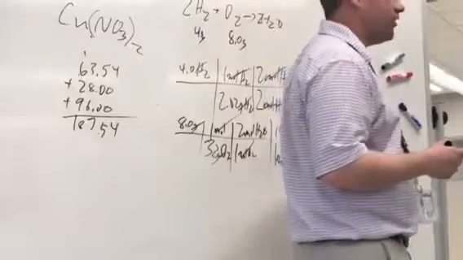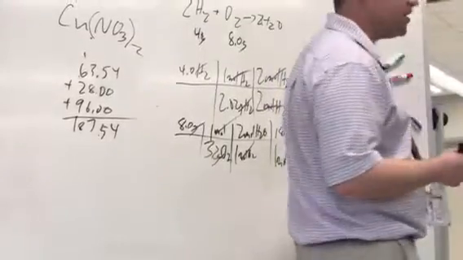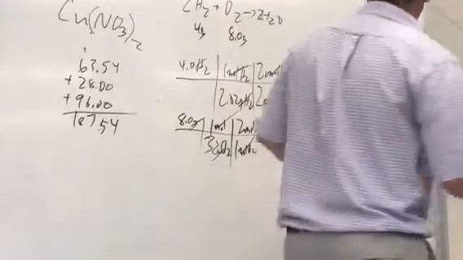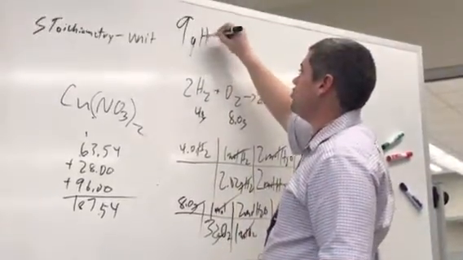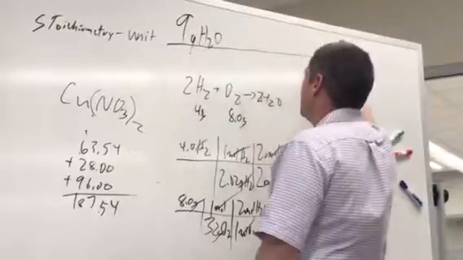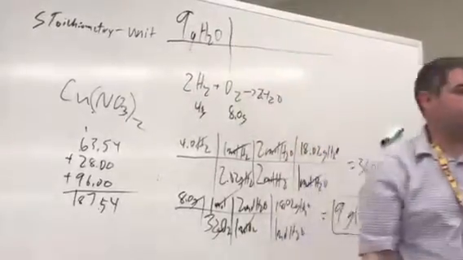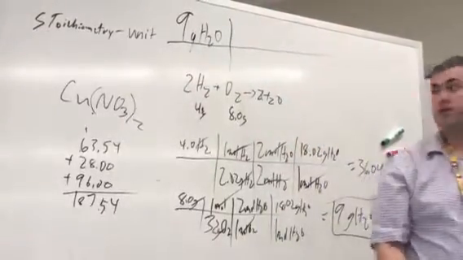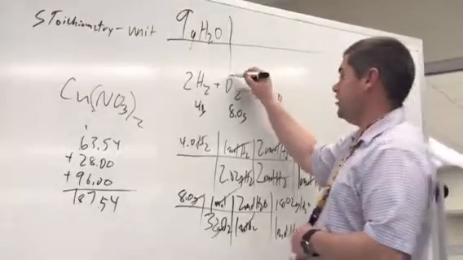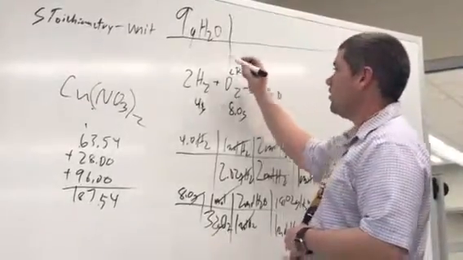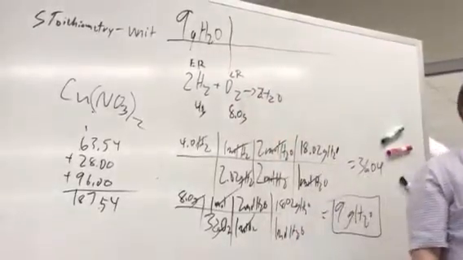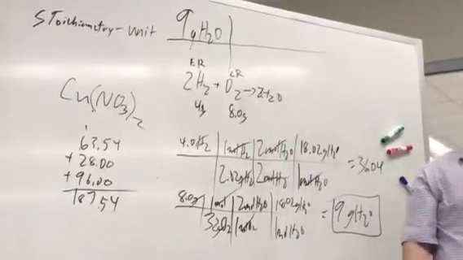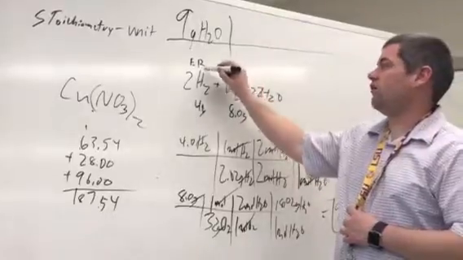I will start with this number, 9 grams H2O. Since this is my limiting reagent, the other is my excess reagent. I'm trying to figure out how much hydrogen I actually used. So now I am going to solve for H2.